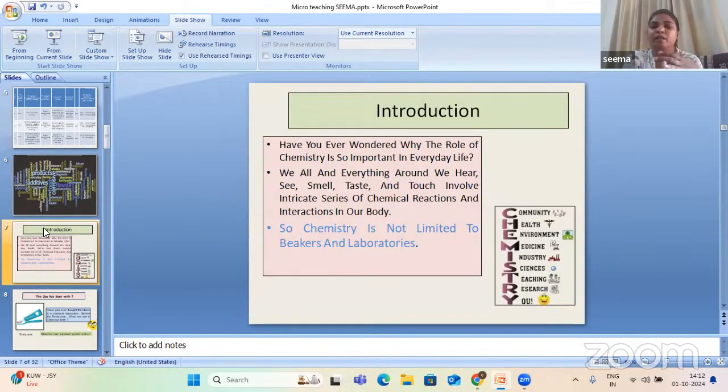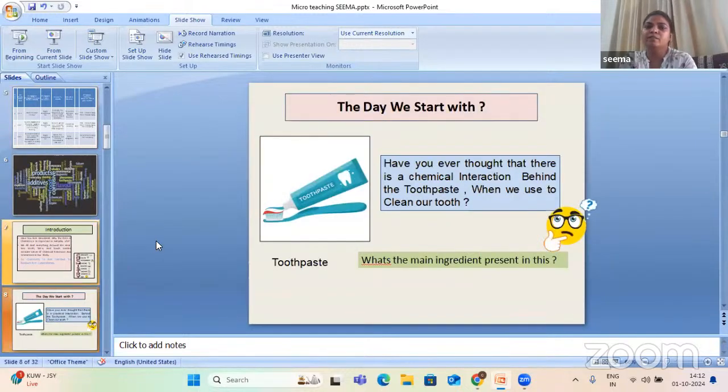Before starting my topic, I give a brief introduction to the students on why we are studying this and why it is so important in our life. It creates interest in the students' minds, and then I use some leading questions to induce images in their minds. For example, I ask: have you ever seen chemistry when you start your day?